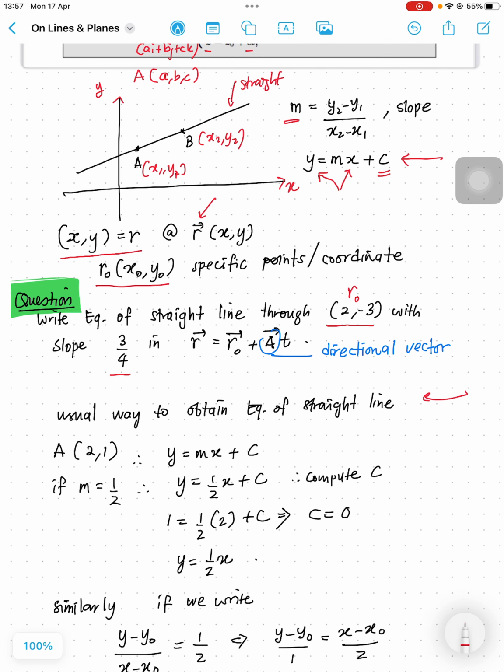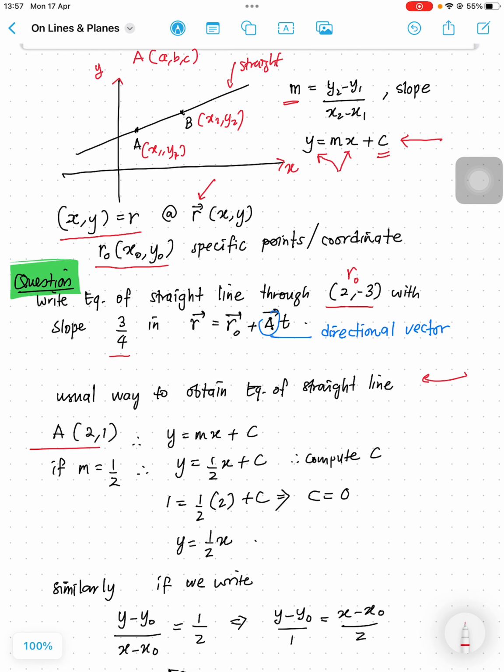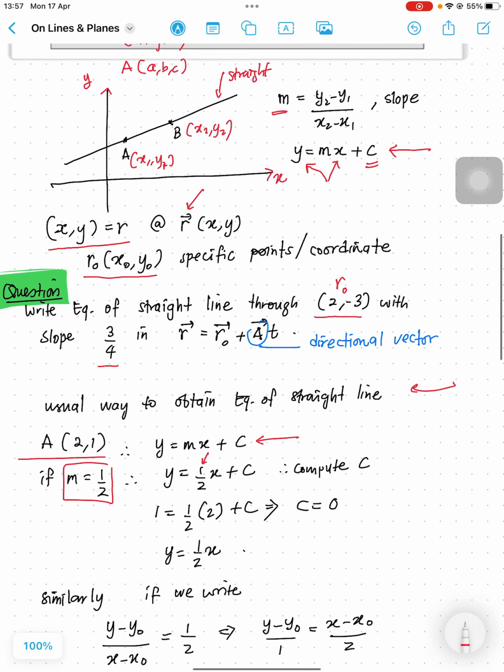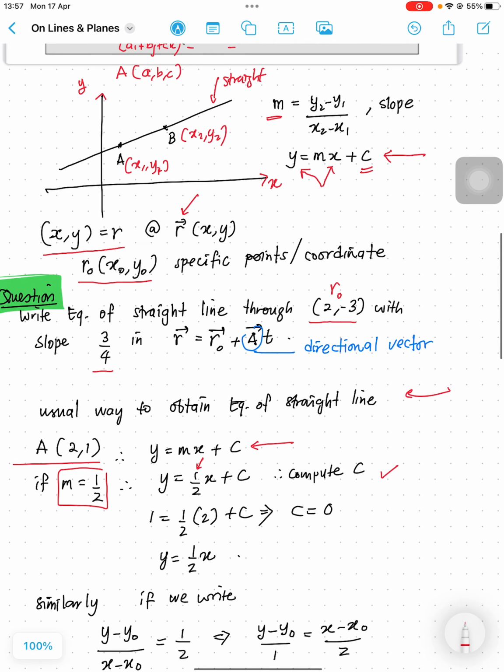To obtain equations of a straight line, let's say you are given point A. You know your straight line is given by y equals to mx plus c. If you are given a slope of half, what you do, you just substitute half here, and then you can compute c. This is easy. How?